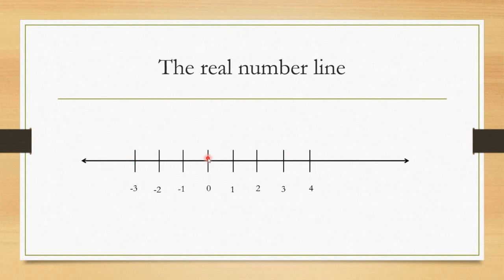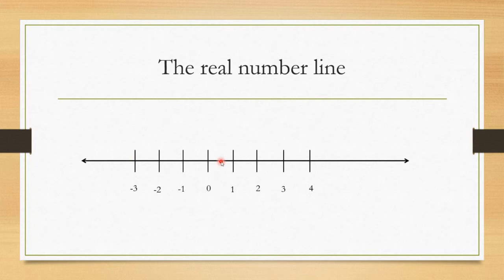Okay, and of course the idea is every point on this number line, again, this line denotes the set of all real numbers. Every point on the line corresponds to a unique real number.